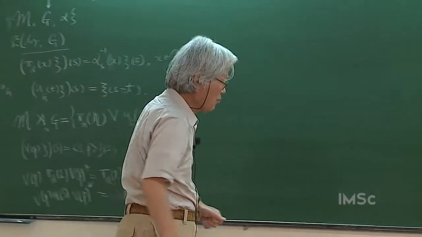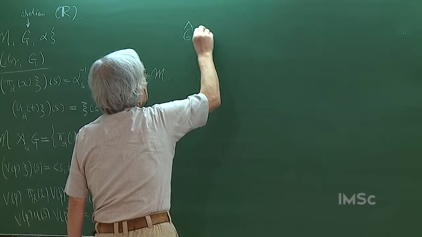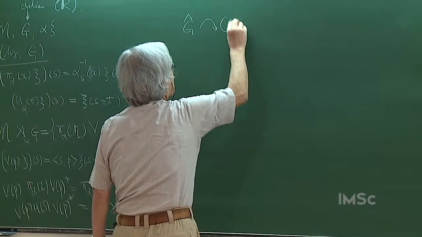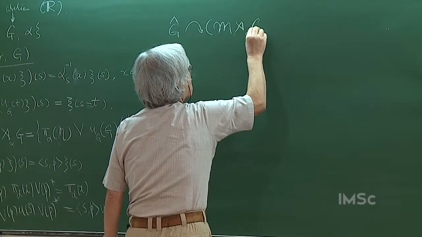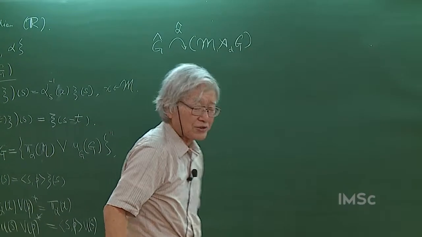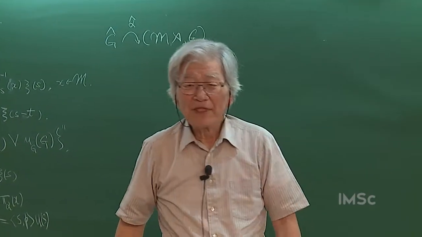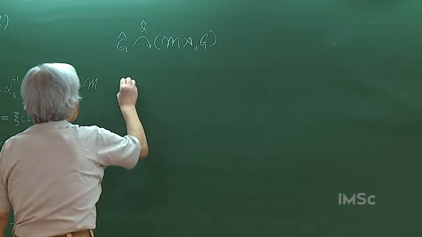Okay, so we have G hat acting on the cross product. This is called the dual action. Then the operator-valued weight we discussed yesterday is the following.